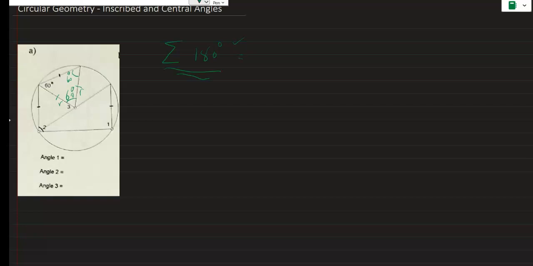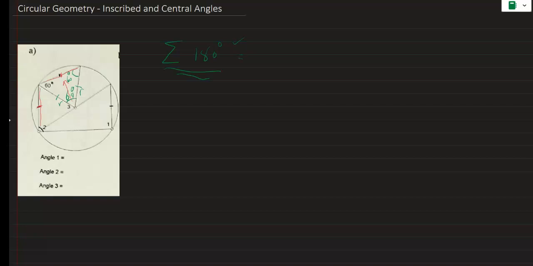I need you to pay attention to a couple of patterns here. We have this chord equal to this chord. So this chord right here and this chord right there are equal to each other. One of the rules is that if you have central or inscribed angles, and this is a central angle, this angle right here, 60 degrees, is opposite this chord, and this chord is the same size as that chord.